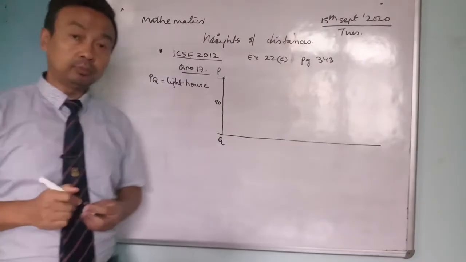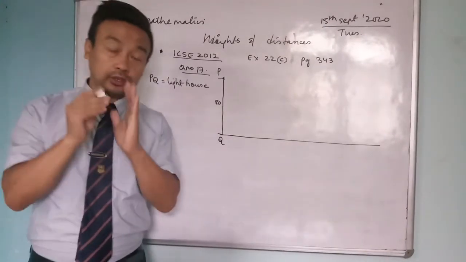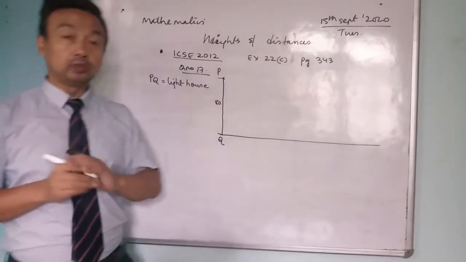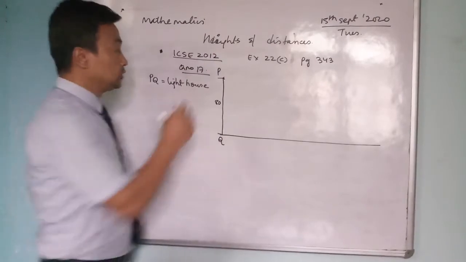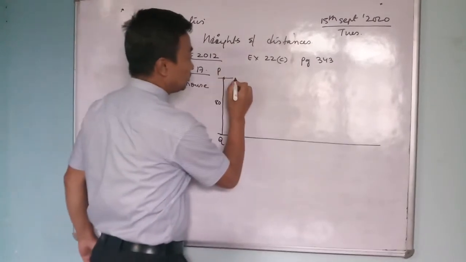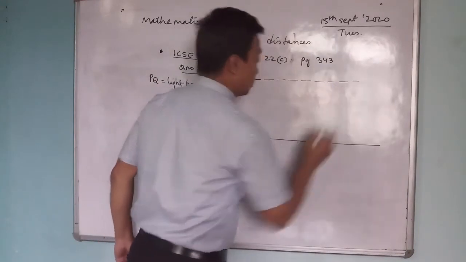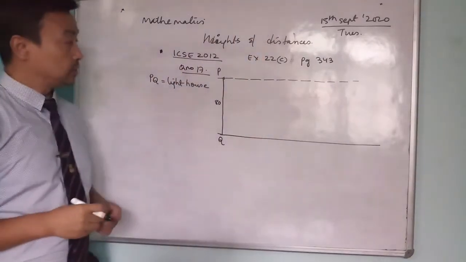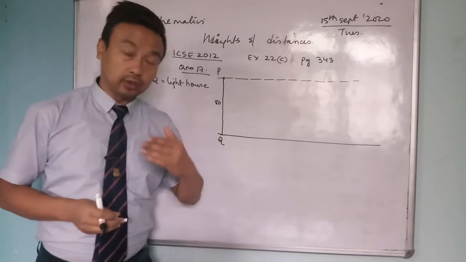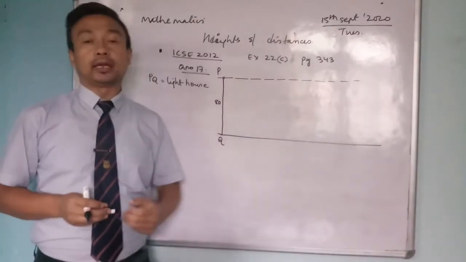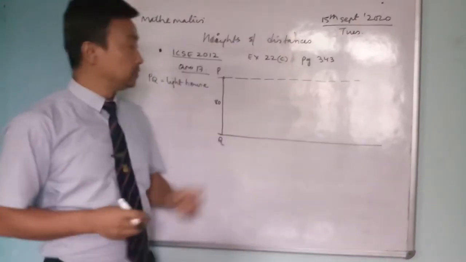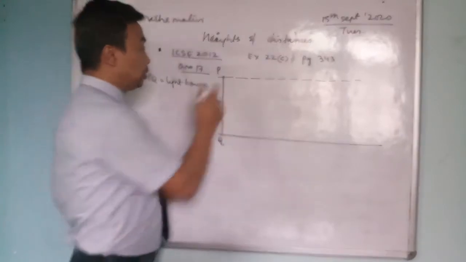From the point of observation, the first thing you have to draw is the horizontal line. This is the line from which the angles of elevation or angles of depression can be made. So now this is the point of observation.